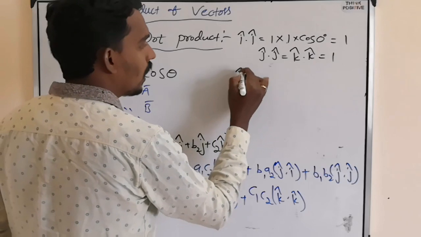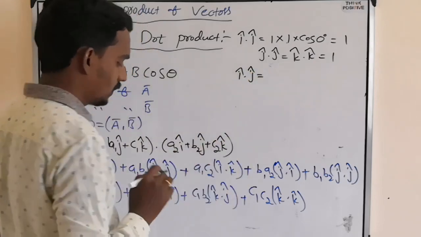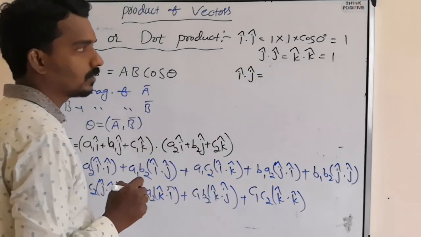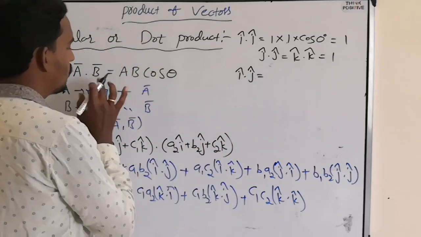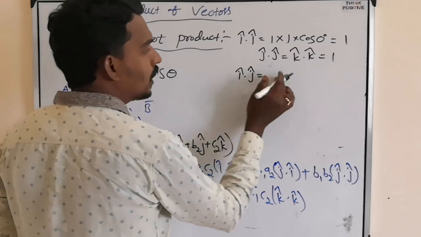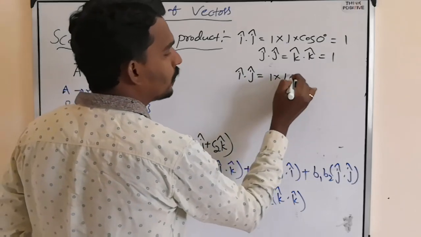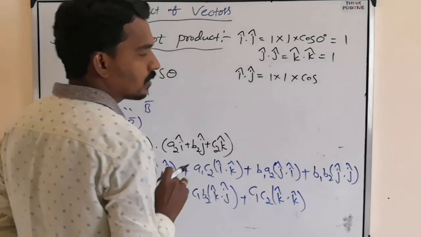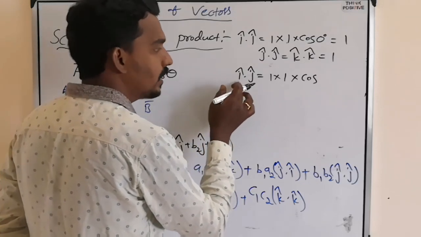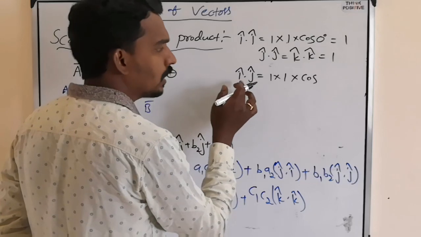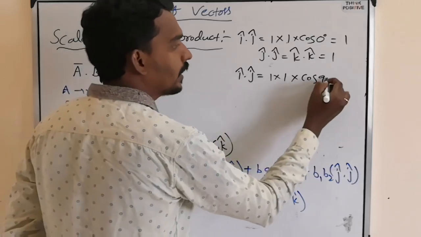Now let's take i dot j. So i dot j means now a bar is i, b bar is j. Magnitude of a is 1, magnitude of b is 1, into cos of the angle between a bar and b bar. i is along x, j is along y. What is the angle between x and y? 90 degrees.